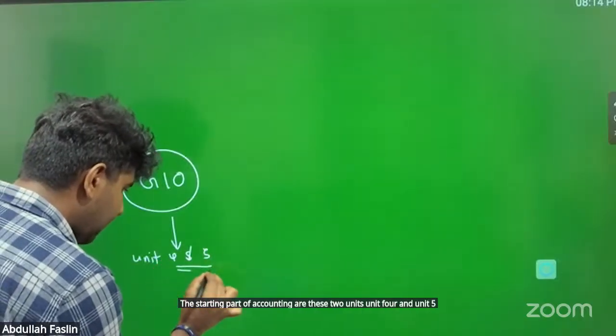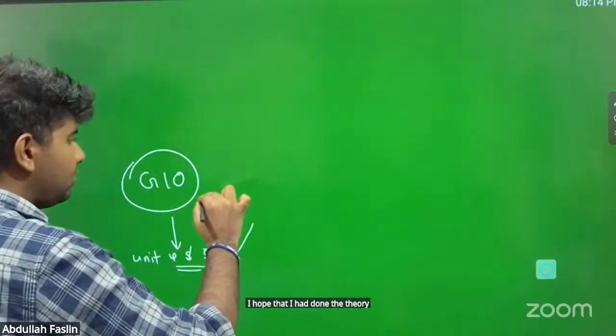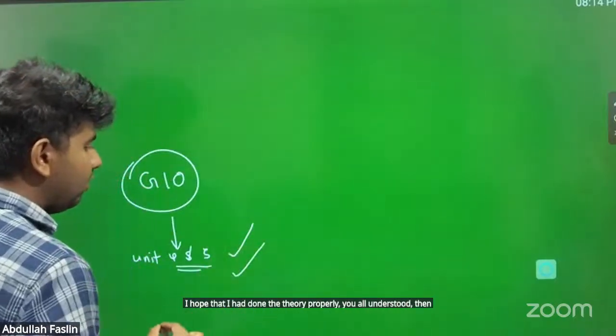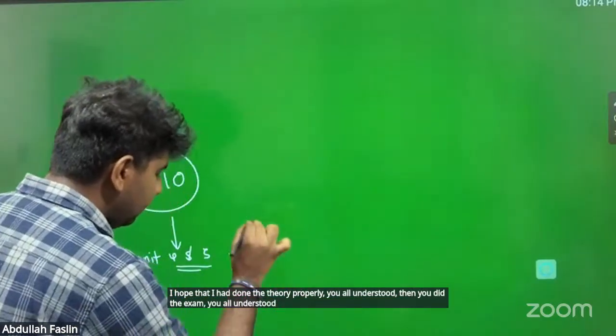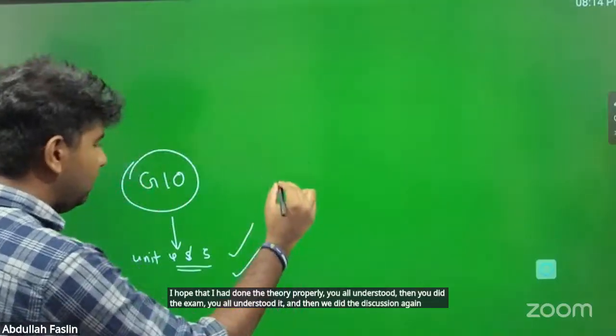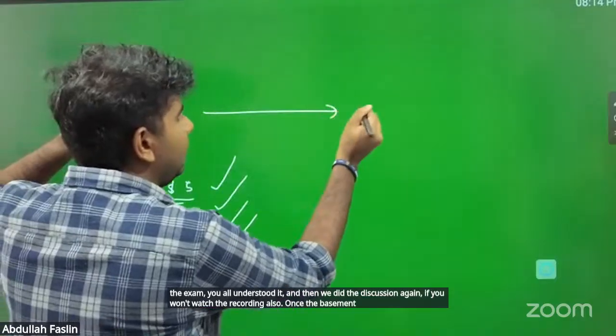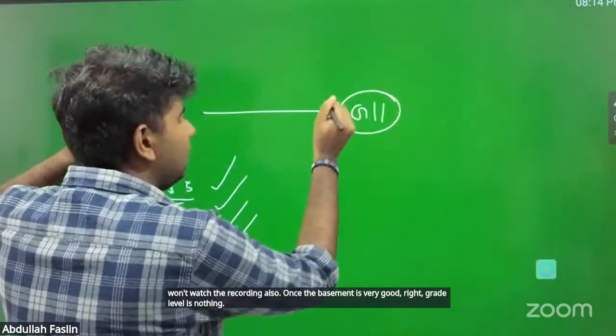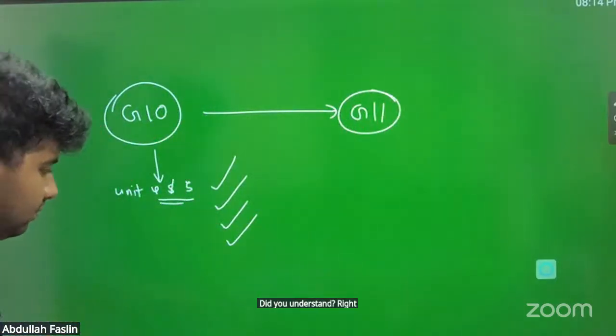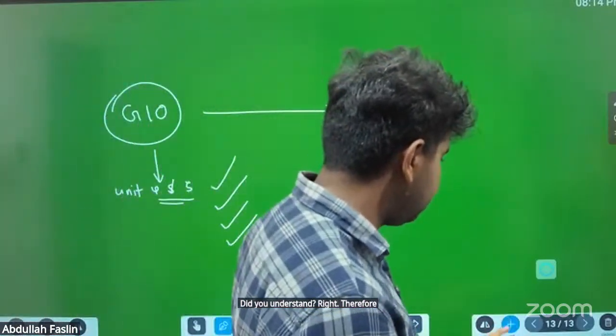I hope I did the theory properly and you all understood. Then you did the exam, and then we did the discussion again. Even if you watch the recording, once the basement is very good, grade 11 is nothing. Did you understand? Therefore, we have done this lesson.